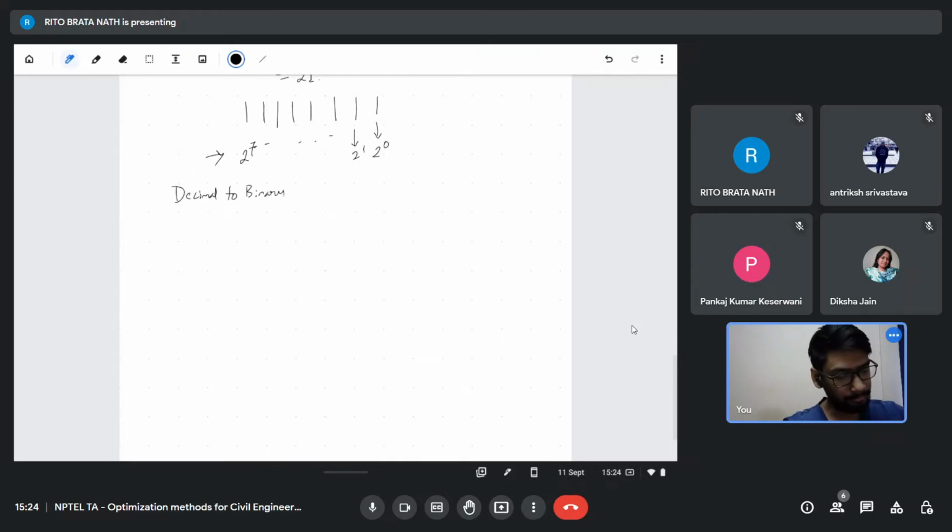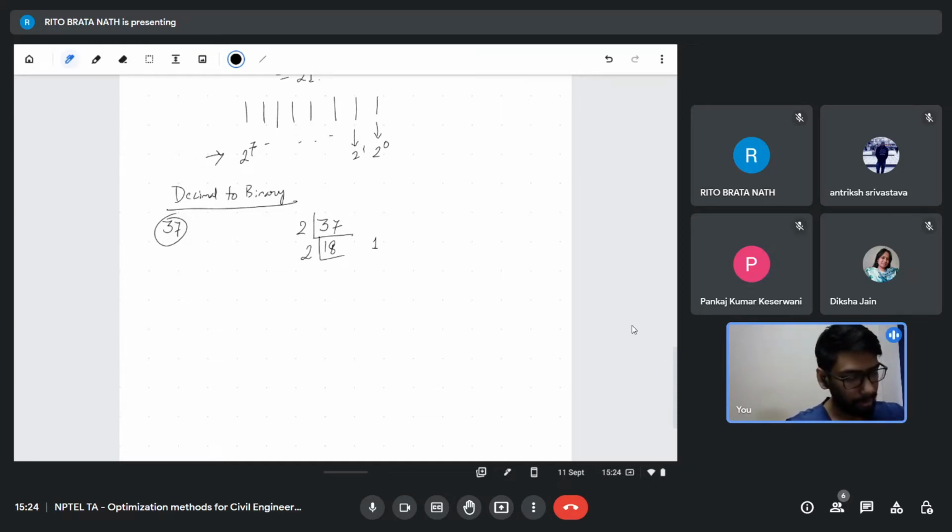Suppose I give, say, 37 as my decoded value, but I want the actual binary string associated with it. What you will do is take this number 37 and divide it by 2. You get 18, and the remainder is 1.